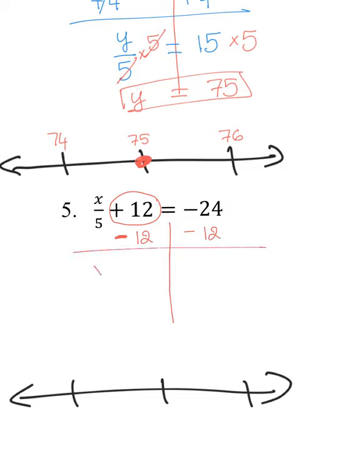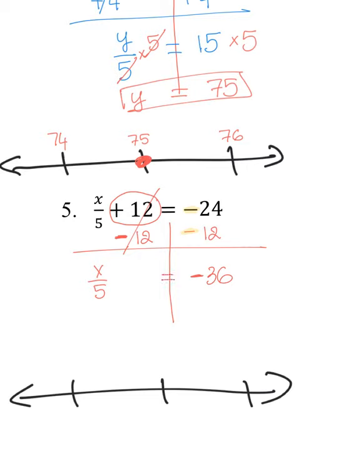Whatever you don't use, you put it down. Minus 12 add 12 is 0. Negative 24 add negative 12. So they are both the same sign, so you're going to add them up and keep the sign. So 24 add 12 is 36. And they are both negative, so negative 36.